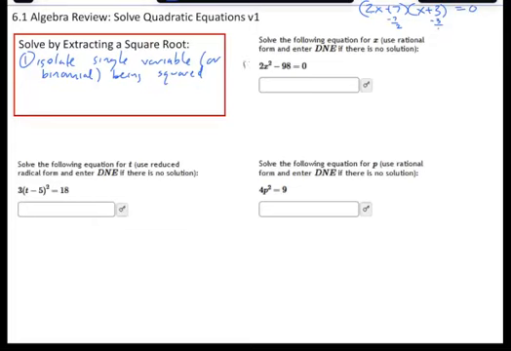So a problem like this right here, if we isolate, we notice there's only one variable term here, so we're going to leave 2x squared, add 98 to both sides. We can continue to isolate our variable, so we divide by 2. And once you get to this point, then you can extract your root.